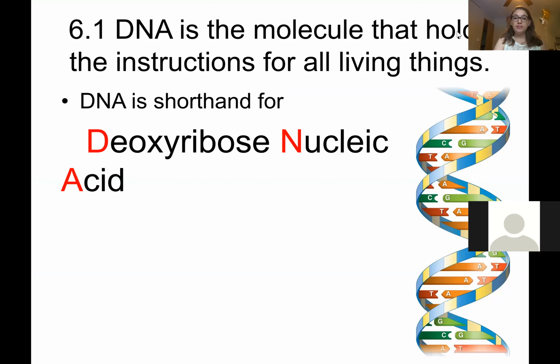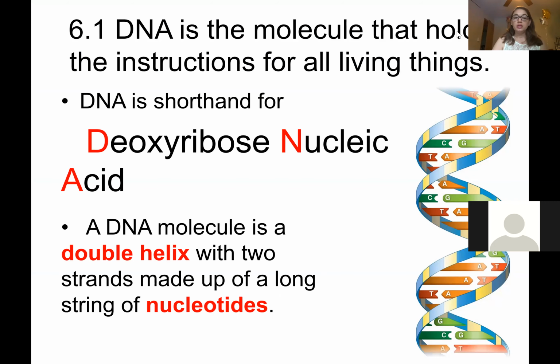DNA is short for deoxyribonucleic acid, so we just call it DNA instead of having to say that whole long word a lot. A DNA molecule is a double helix.